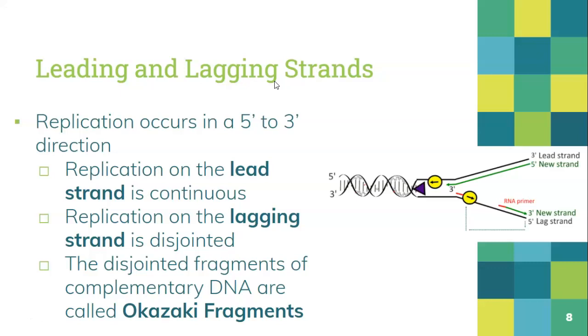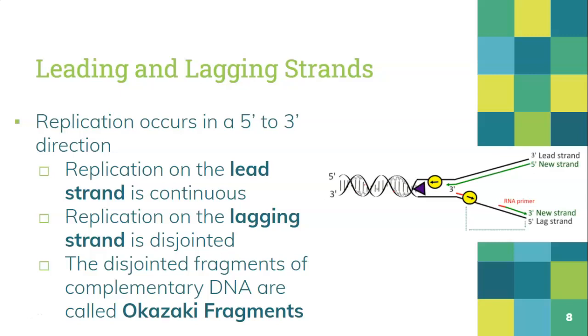What this unfortunately does is create two types of strands, leading and lagging strands. Because replication can only occur in a 5' to 3' direction, when you unwrap the DNA, right, you untwist the DNA, you have anti-parallel sides. One is going to go in that 5' to 3' direction, but one is going to go the opposite way.